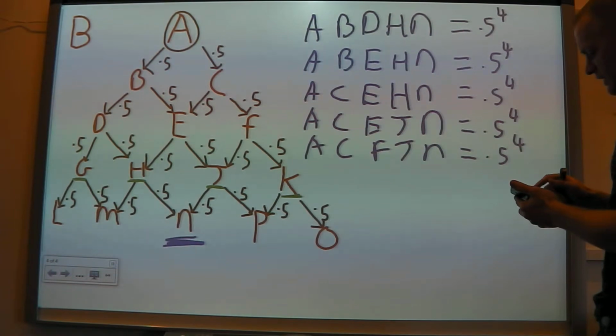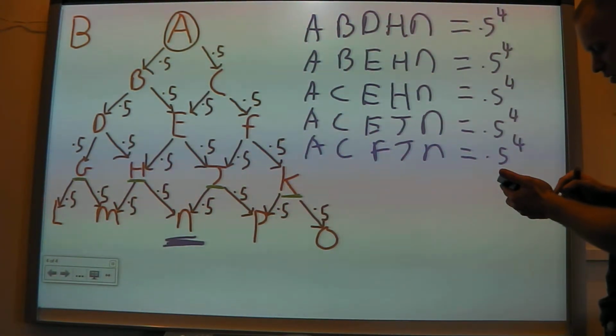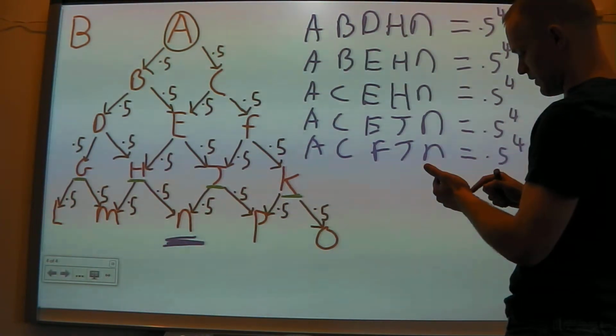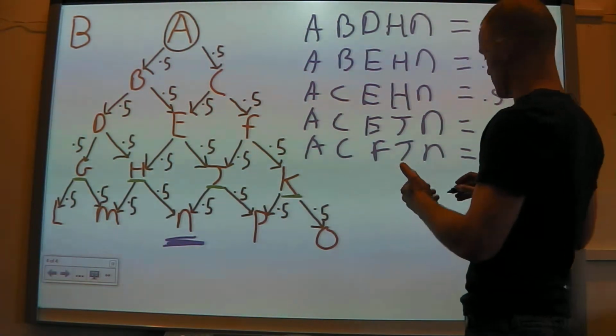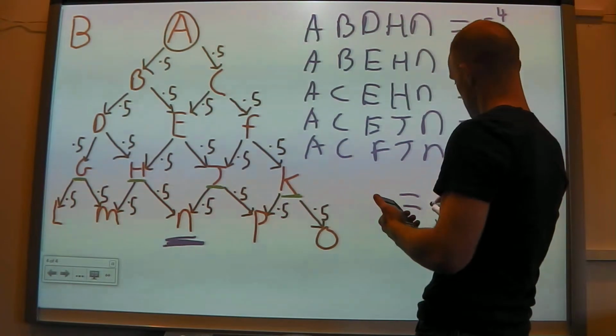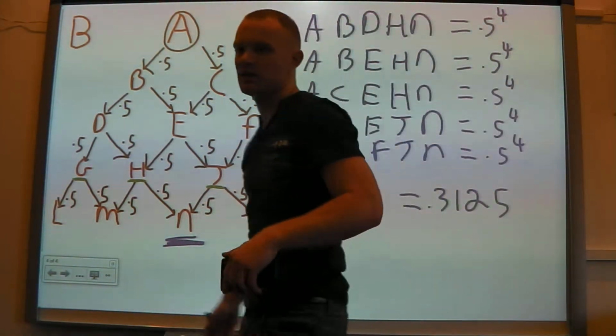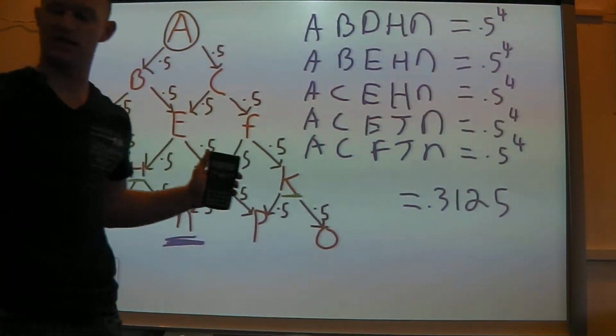Equal to 0.0625, and divide that by 5 is equal to 0.3125, or 31.25%. So that is the probability that it lands on M.